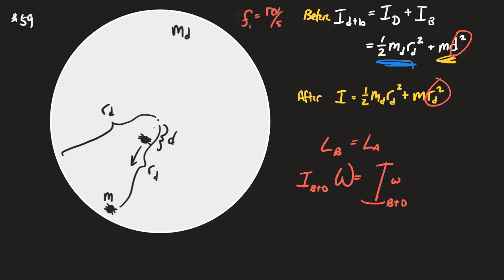So the change in energy of this system is going to increase or decrease because work is done. Now, to figure out what happens, you will need to compare the kinetic energy before with the kinetic energy after. You need to compare them.